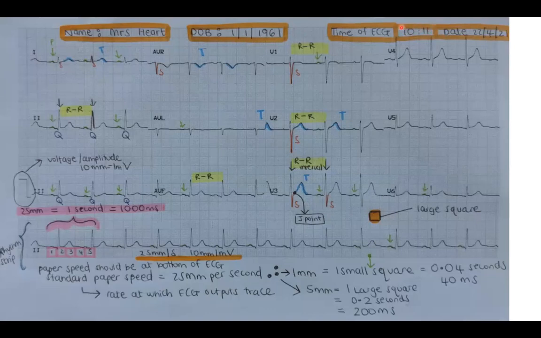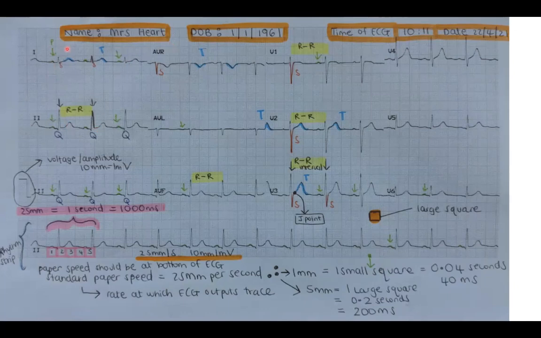The timing is important because if you have a patient, for example, with chest pain, you want to know the time at which this ECG was taken in relation to the time of the onset of the chest pain. So that's why that's really important. And then also looking at the timing of ECGs, you can compare multiple different timed ECGs and look for any changes in the waveforms.